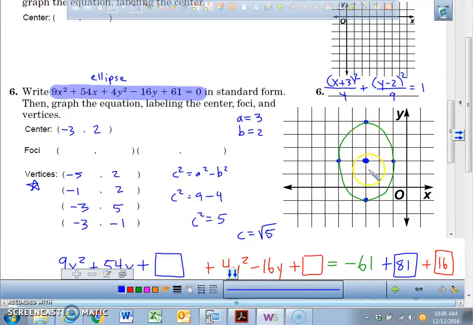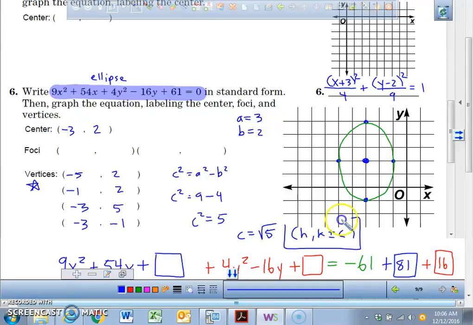Now, the foci are going to be located right along this particular axis called the major axis right here. They're not going to be on the minor axis, which is right here. So, here's your formula for your foci. It's going to be h, comma, k, plus or minus c.